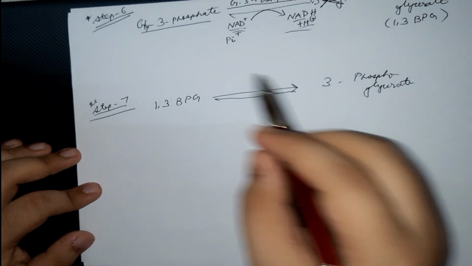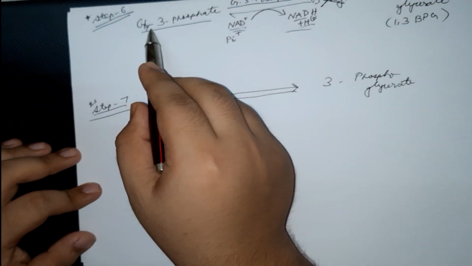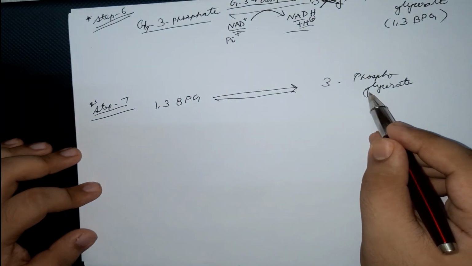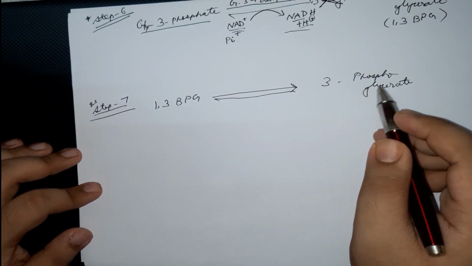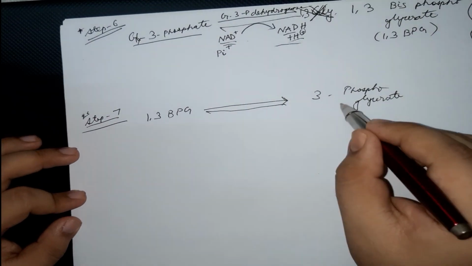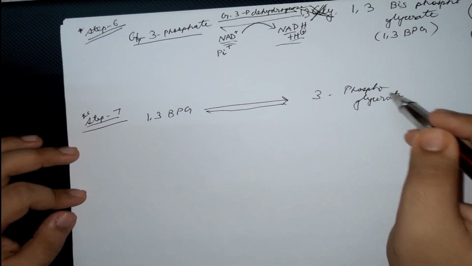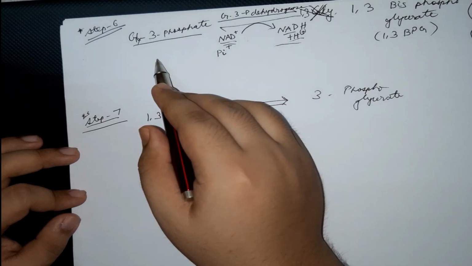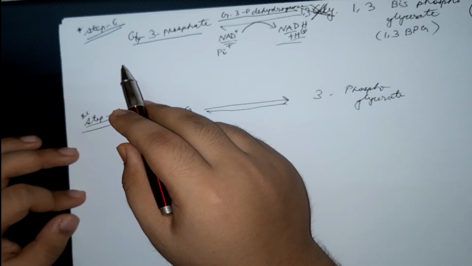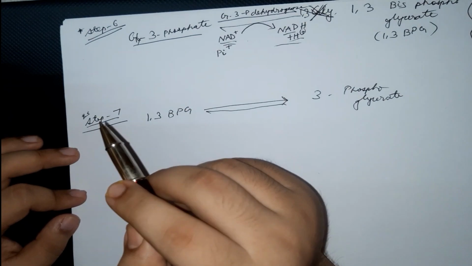Do not confuse glyceraldehyde 3-phosphate and 3-phosphoglycerate. This was something that used to happen with me, so I'm speaking from a common experience here. 3-phosphoglycerate is an acid, and glyceraldehyde 3-phosphate is an aldehyde, right? So do remember that.